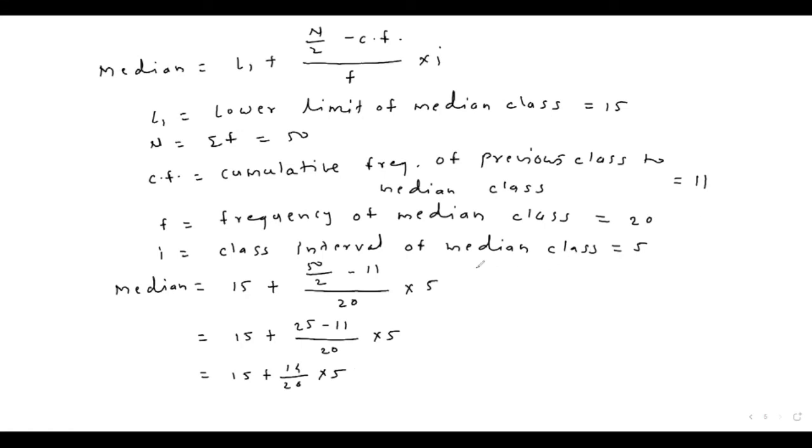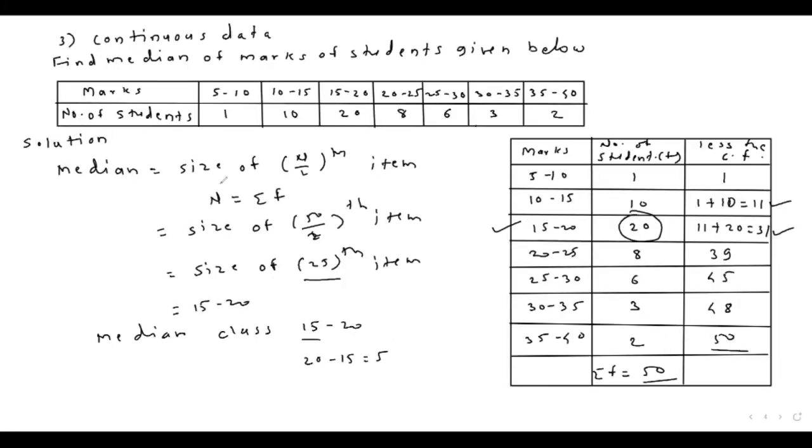So the median is 15 plus 14 divided by 20 into 5, which gives me 3.5. So this is equal to 15 plus 3.5, which is 18.5. This is the value of the median for this data set.